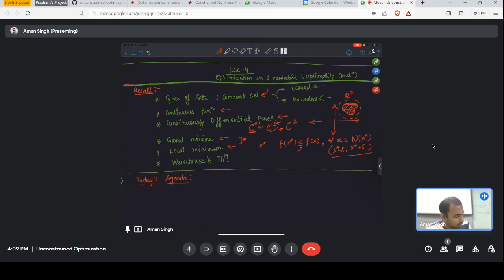Then we discussed the Weierstrass theorem. What this theorem says is that if we have a compact set and a function that is continuous, then its maxima and minima will exist in that set.